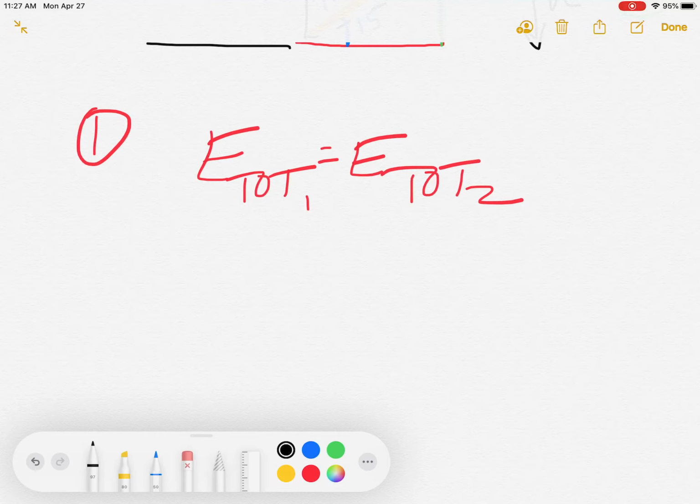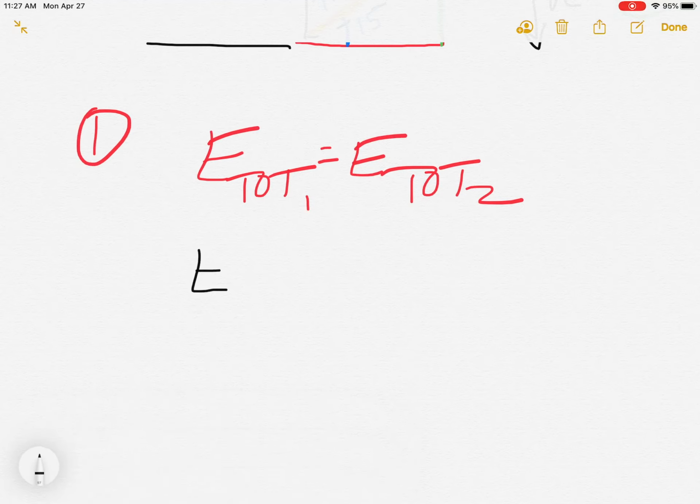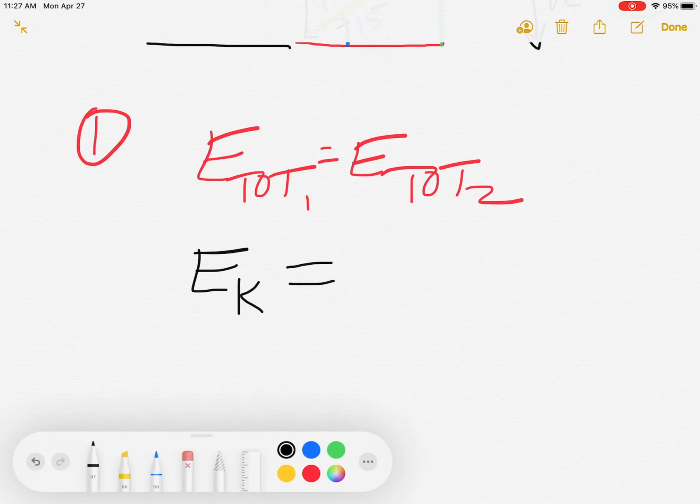So, what's associated with position 1? Well, we can write down position 1. There's not going to be any gravitational energy because we're at the bottom of the swing, right? And because here we're not talking about satellites or going far away from Earth, this is still very much a near the Earth surface situation, so we can still use mgh in this case.